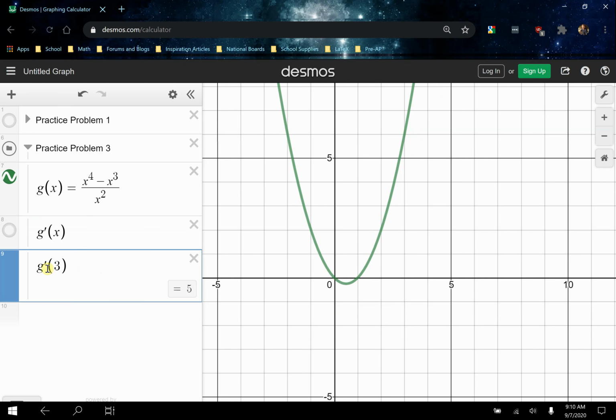However, if you type in g prime of 3, the derivative evaluated at an input, it does give us an answer of 5, which matches our 5 as well. So again, to use your derivatives on Desmos, g of x, g prime of whatever, where the prime is just the apostrophe on your keyboard, and it's a nice way to check derivatives if you don't have a calculator.